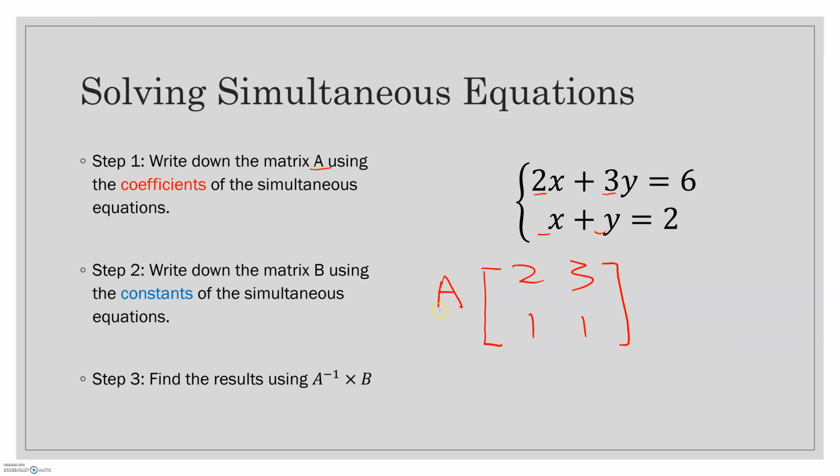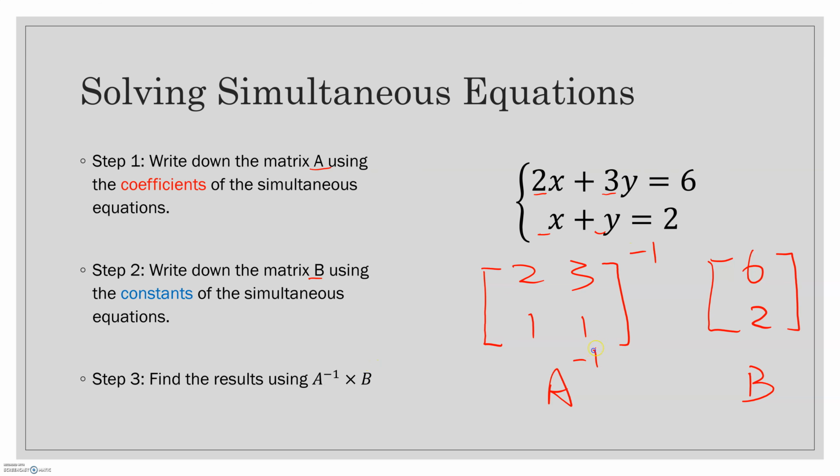That's our matrix A. And then we also need to have a matrix B. We're talking about the constants. The constants mean all the numbers on the right-hand side of the equation. So the matrix B will be equal to 6 and 2. Okay? So let's just put A and B at the bottom for reference. Okay, so when we are trying to find the result, we just use the inverse.